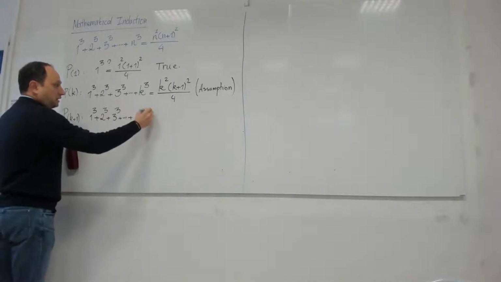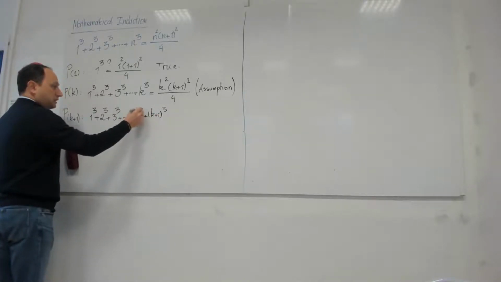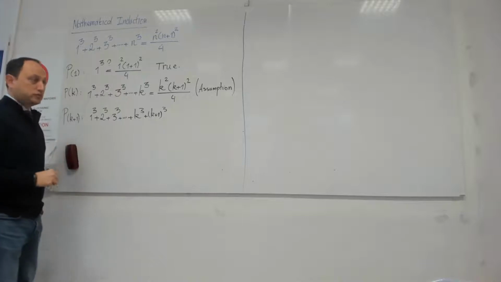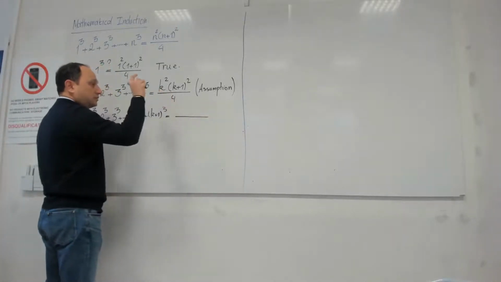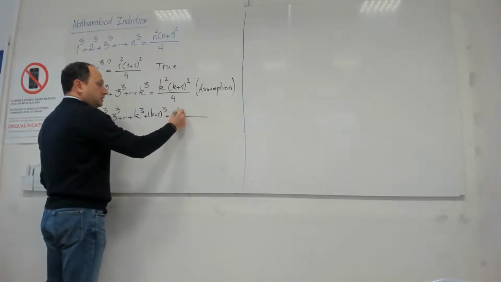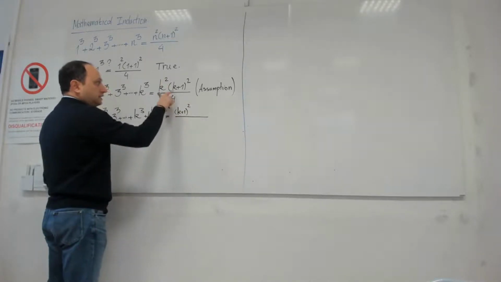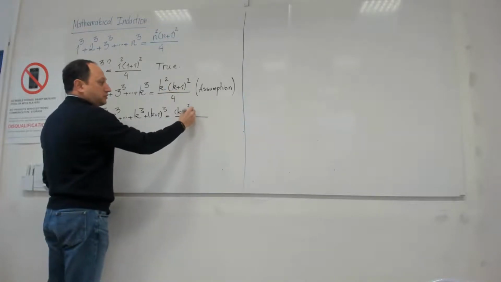So instead of k, I put k plus 1 in a pair of brackets to power 3. But you have enough experience, you know that the previous one is actually this one, and it is useful to write it down. On the right-hand side, instead of k, I put a pair of brackets k plus 1. So this becomes k plus 1 to power 2. This becomes k plus 1 in a pair of brackets, but plus 1 becomes k plus 2.